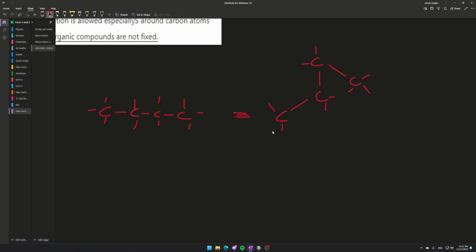So it could rotate, and yeah, that's isomers. Now, let's see how we could make isomers. We're gonna come back to isomers later on, but we're gonna keep it somewhat simple.